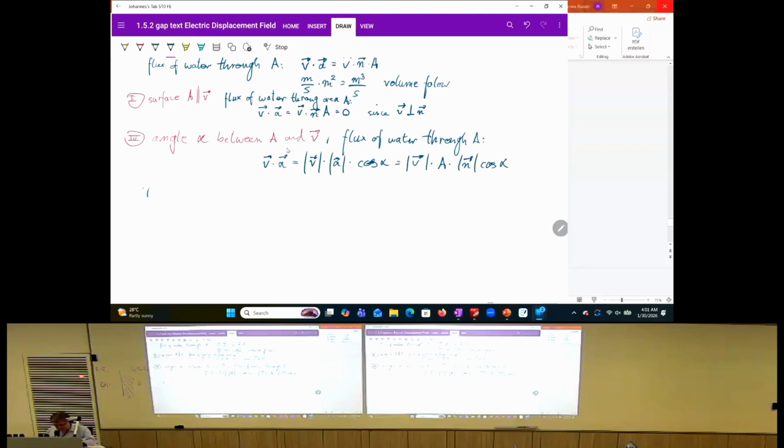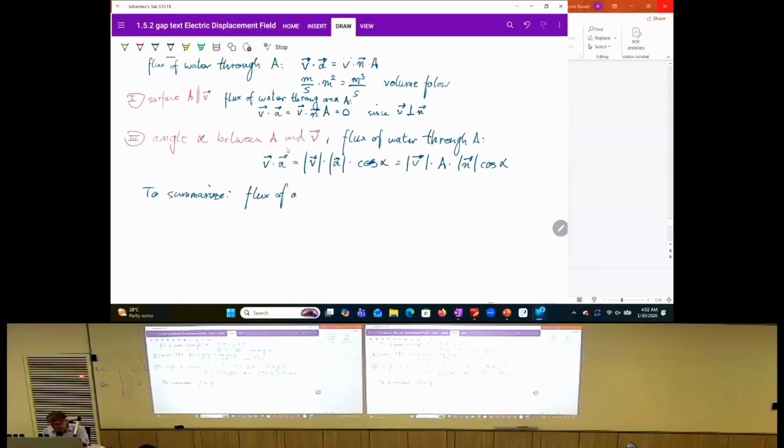So to summarize, the flux of a vector field through a surface is calculated by projecting the vector field quantity, in this case v, onto the normal vector of the surface. We have done that for water, and this also will apply for the vector quantity that we have with the displacement field.